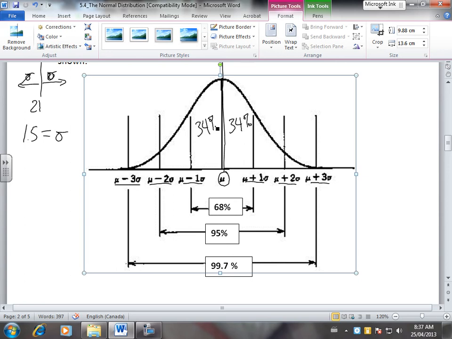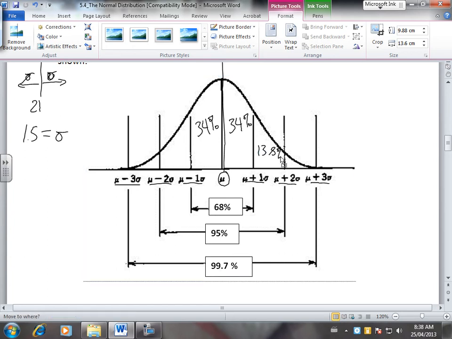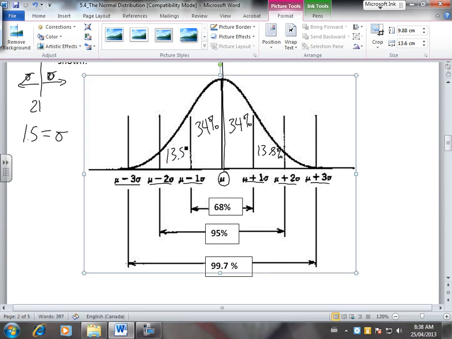So very few people stand on the very far ends of this bell curve. So to add that, we'd have 13.5% over here and 13.5% over here. Okay, and that would be 13.5 plus 34 plus 34 plus 13.5 would equal 95.